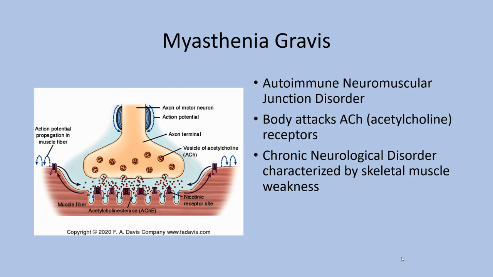It's an acquired autoimmune disease in which antibodies directed towards ACH receptors, which are acetylcholine, attack these acetylcholine receptors on the muscle membrane. So essentially, it's the body's immune system that is attacking healthy skeletal muscle cells.